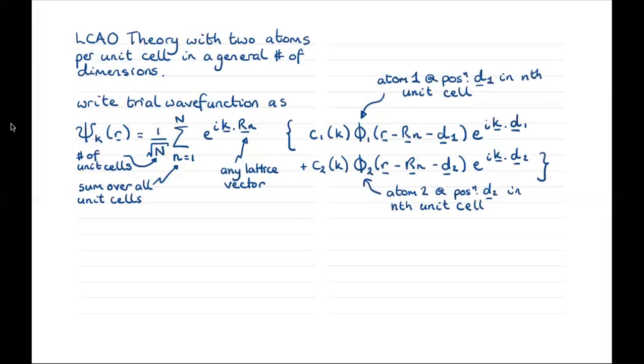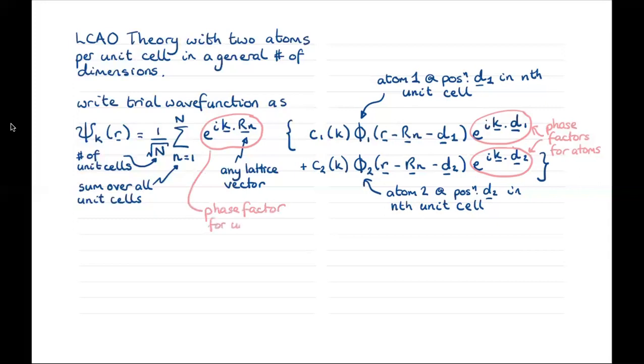And these e to the i k dot d1 and e to the i k dot d2 are the phase factors describing the position of the atoms within the unit cell, whereas e to the ik dot R sub n is the phase factor describing the overall position of the unit cell.